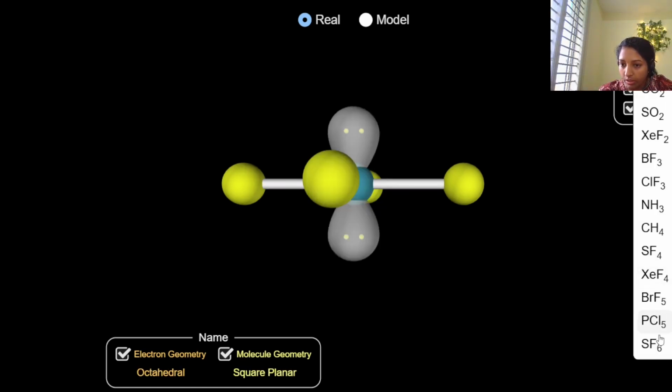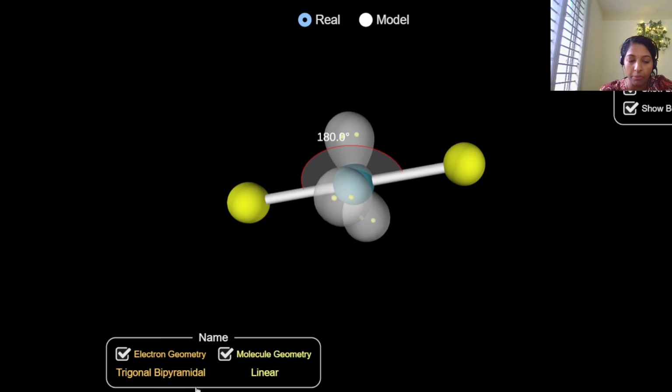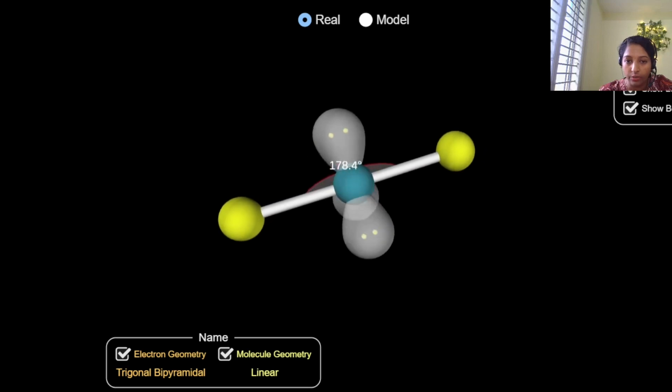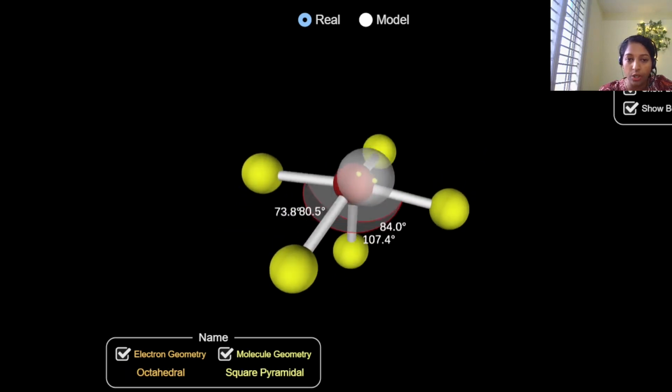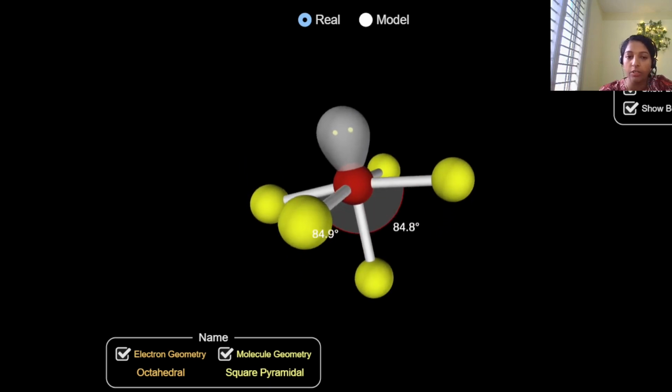Before this one, XeF2. So see, this is what we call trigonal bipyramidal as the electron geometry, but see the linear shape? It's linear. Okay. Right. So BrF5, this is the square pyramidal shape. So the square plane is there and one is at the top.